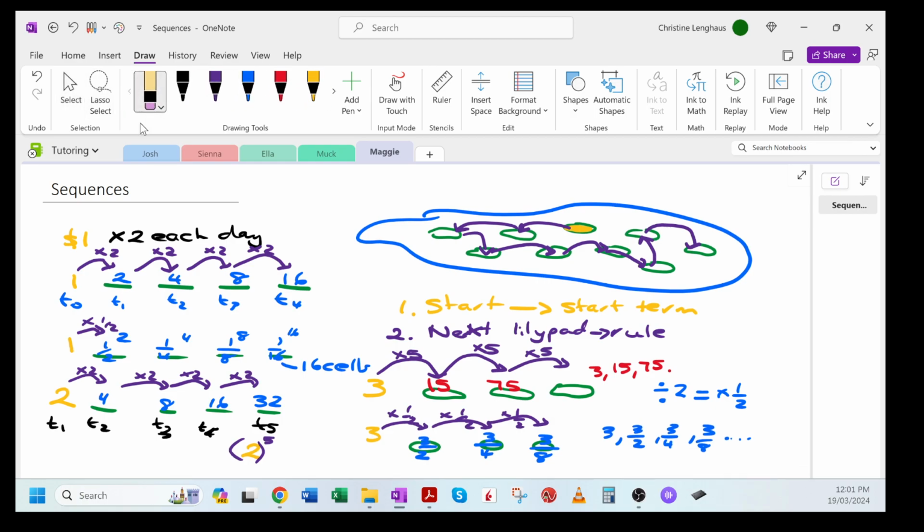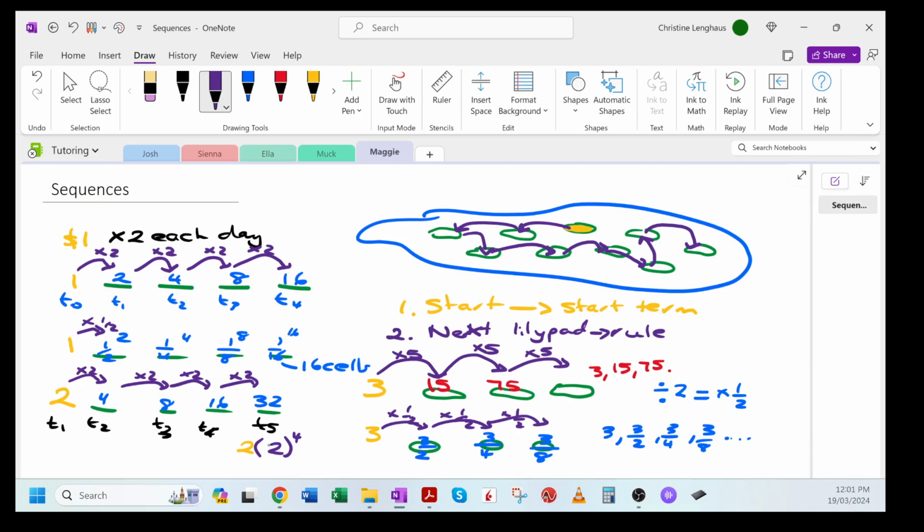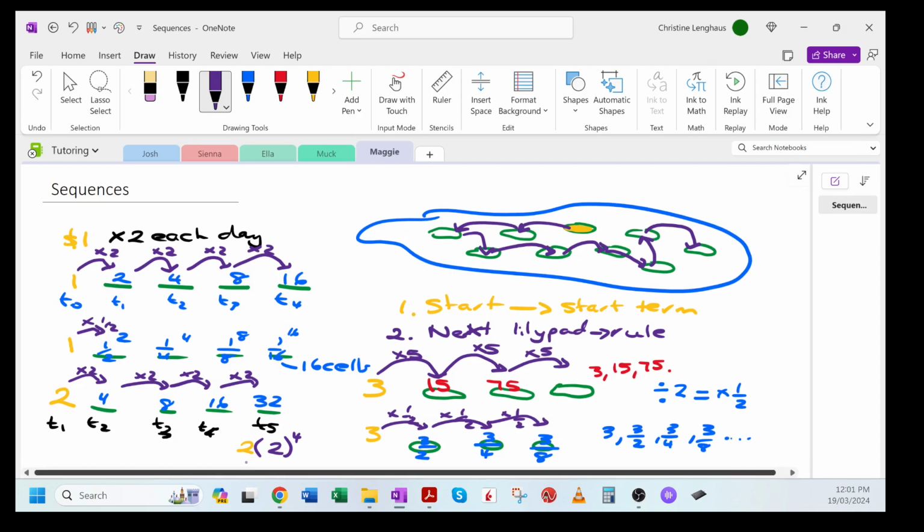Let me start that again. I'm going to say I've got 2 and I multiply it by 2 to the 4. Because this is the initial conditions, and then this is your common ratio. So it's AR, and you may have come across that as well. Yeah, that might be a little bit further than what you need to go. So I'm going to leave it there.